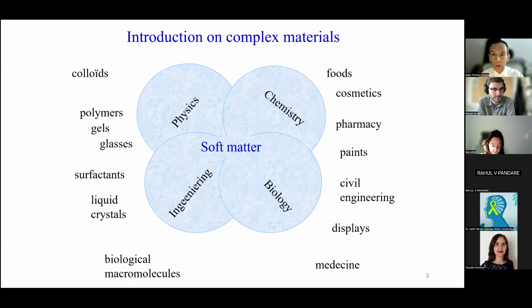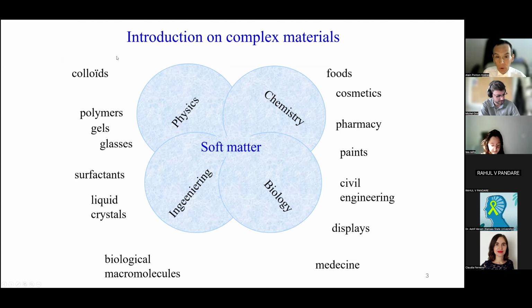So first, what are called complex materials? Very often, complex materials are issued from soft matter, at the interfaces between physics, chemistry, engineering, and biology. And here you have some examples of materials issued from soft matter: colloids, polymers, gels and glasses, surfactants, liquid crystals, and biological macromolecules.